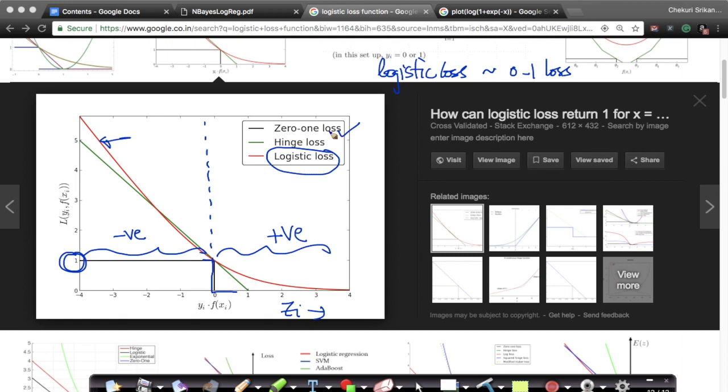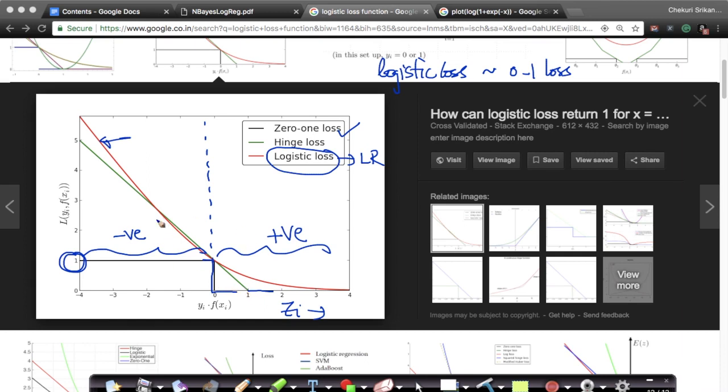So logistic loss is one approximation to 0, 1 loss. There are many such approximations. When we use logistic loss as an approximation to 0, 1 loss, we get logistic regression. There is another loss called the hinge loss, because this is like a hinge. This green line that you see here, which falls sharply and then becomes equal to 0 at zi equals 1.